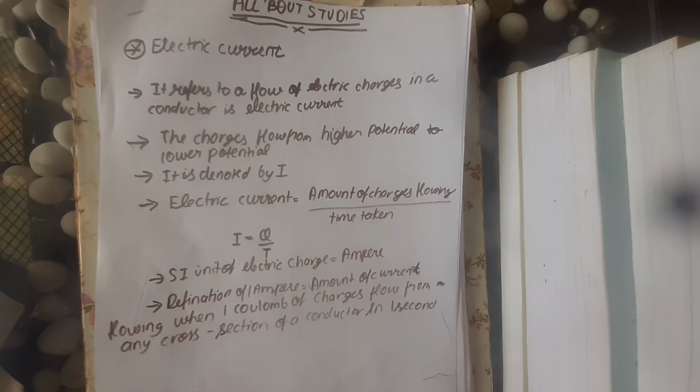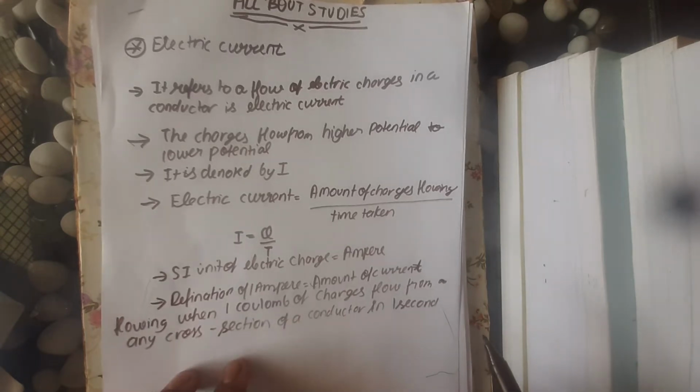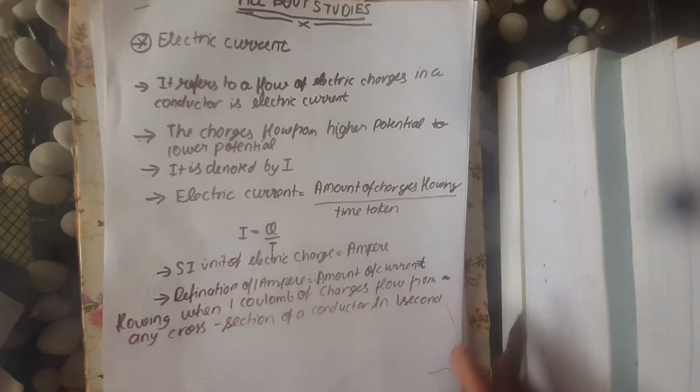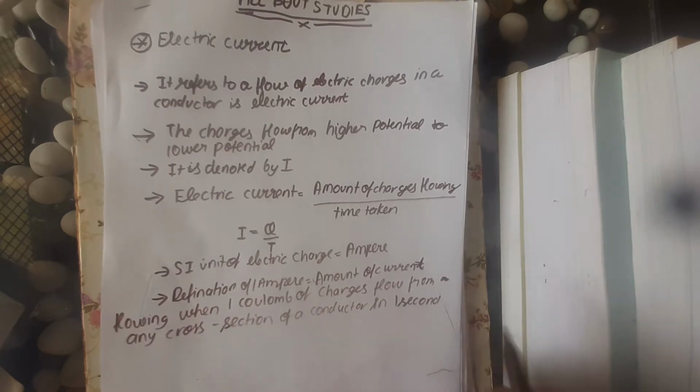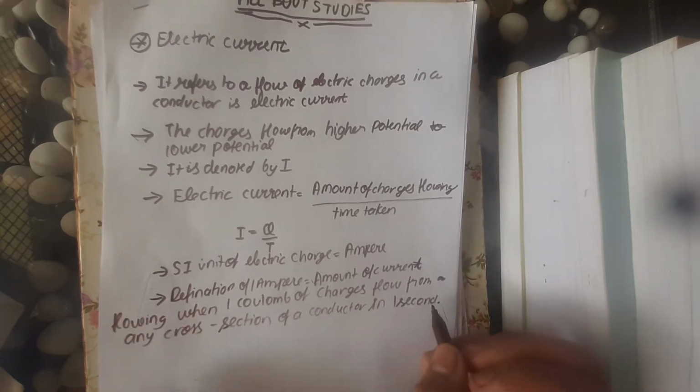So here you have to write that 1 ampere is the amount of current flowing when one coulomb of charge flows through any cross section of a conductor. Well, what is a cross section? It is nothing but a section through a conductor, which can be anything, the wire of a light bulb, a fan, anything. Just remember it as the cross section of a conductor in 1 second. You have to write this 1 second because it is the amount of time.